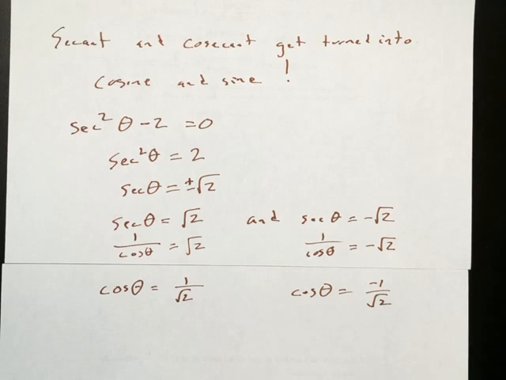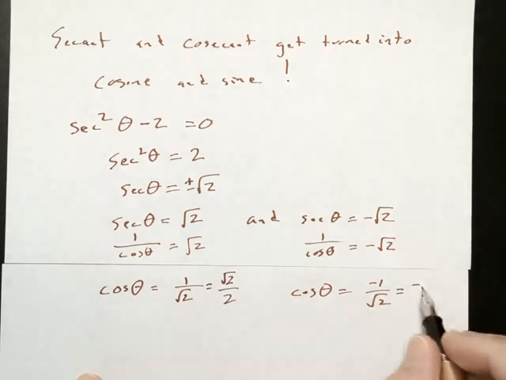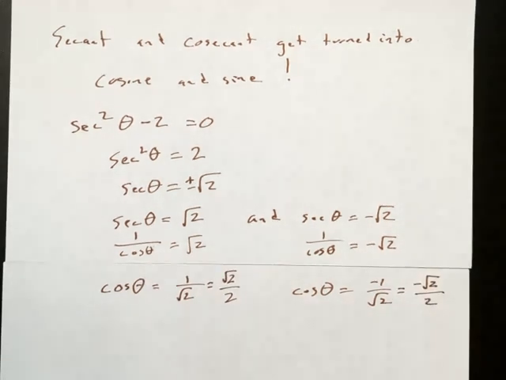Root 2 over 2, if I rationalize the denominator. There are a lot of places where I use 1 over root 2 because it's quote unquote easier. But when I think of my table, it's all over 2's. I need the rationalized version.